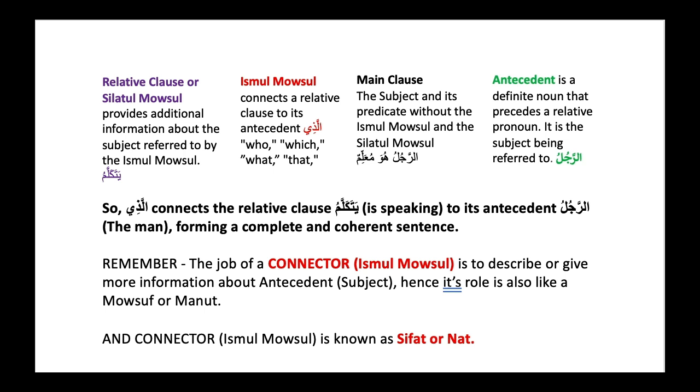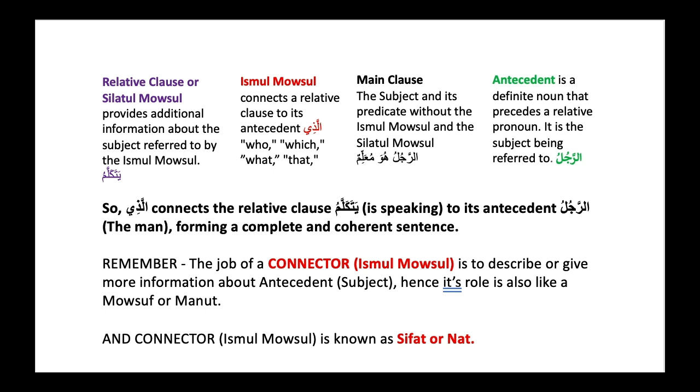Main clause. The subject and its predicate without the Ismul Mowsul and Silatul Mowsul is called main clause. Ar-rajulu huwa muallimun. That is the main clause in this example. So main clause is the subject and its predicate without Ismul Mowsul and Silatul Mowsul.